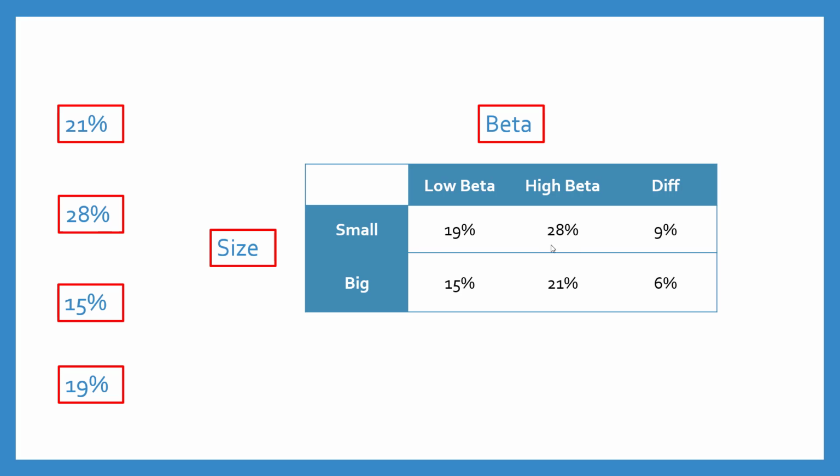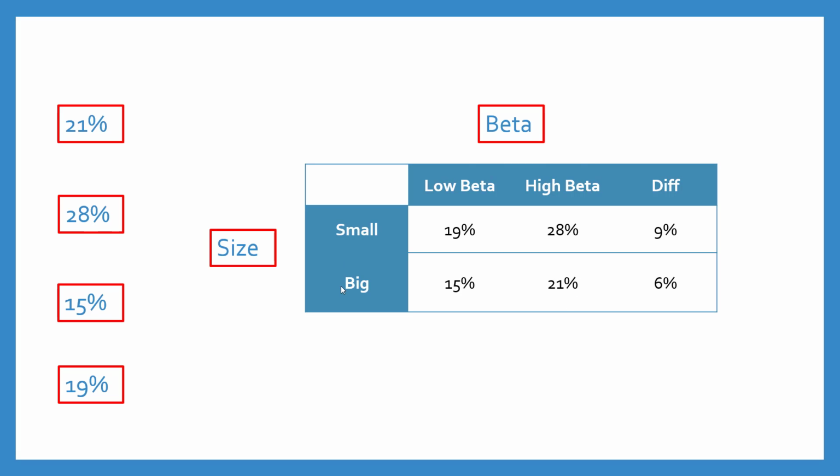What we can see is that as we move from low beta to high beta, the return increases, so the difference is +9. That means high beta stocks earn higher return as compared to low beta stocks. The pattern is similar in the big stocks: the low beta stocks earn 15% and the high beta stocks earn 21%.